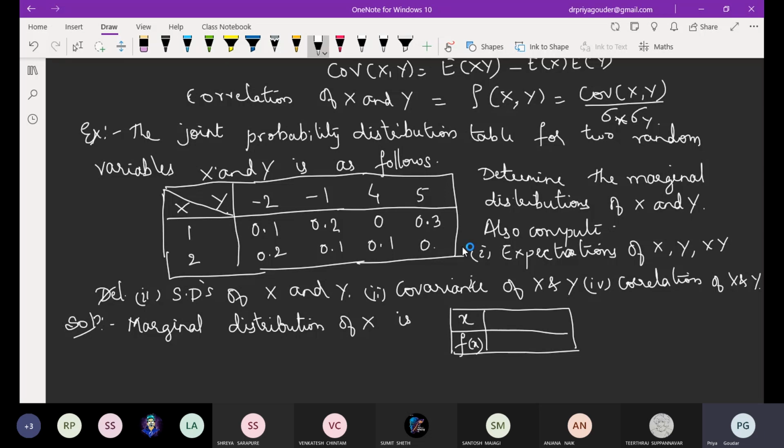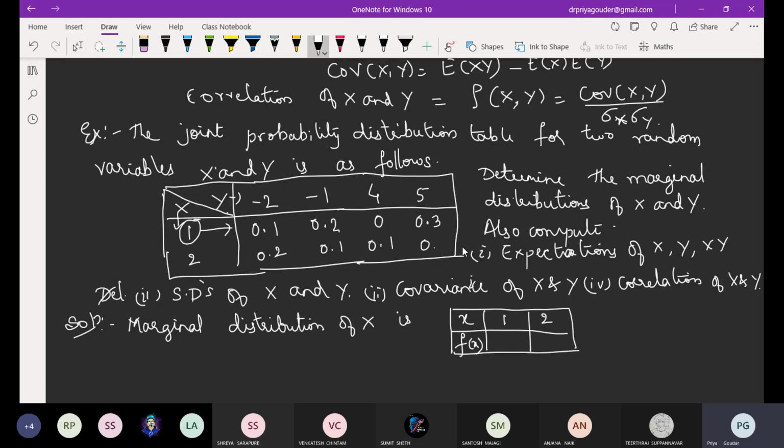Tell me what are the values of X given here. 1, 2. Very clear. X are these values and Y are these values. So for X, take it as 1 and write the next value as 2. Now, what is f of x? Corresponding to the value of X, you have a row here.